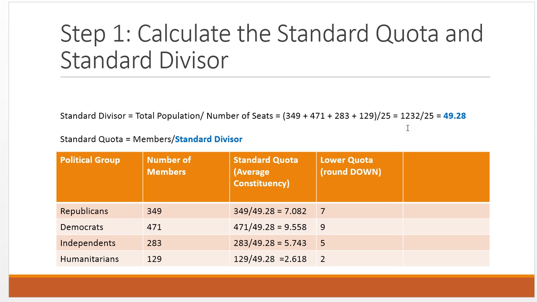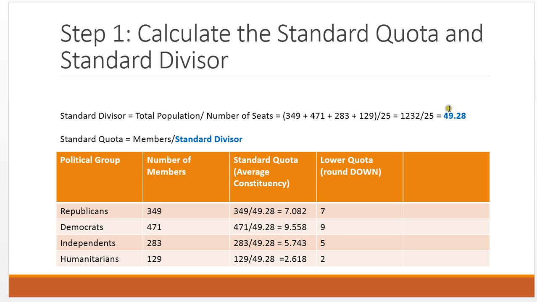So when we add up all the people in all of our 4 groups, we have 1,232 people, and the number of seats available is 25. When we do the division, we get 49.28 as our standard divisor. Again, retain decimal values when you do these problems.